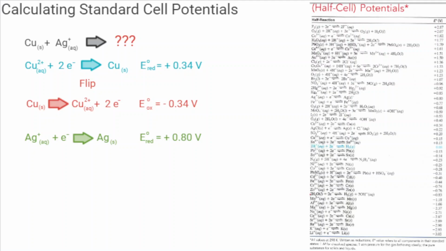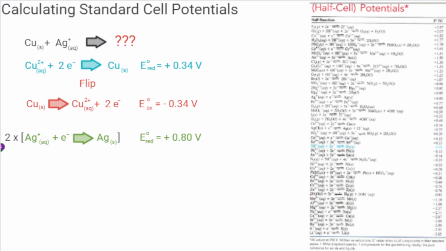Now, one of the things we need to address here is that our copper generates 2 electrons and the silver plus is only taking 1 electron. So in order to address that, we are going to need to multiply that equation by 2 so we can get 2 electrons. We don't have to do anything like flipping it because our silver is already on the reactant side, but we do need to multiply it by 2.